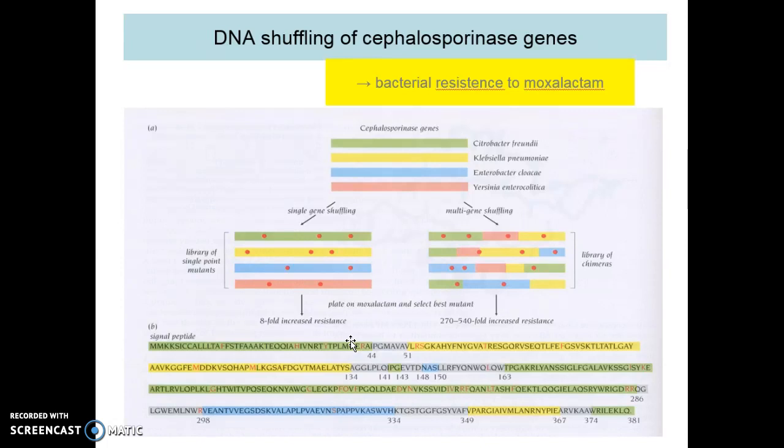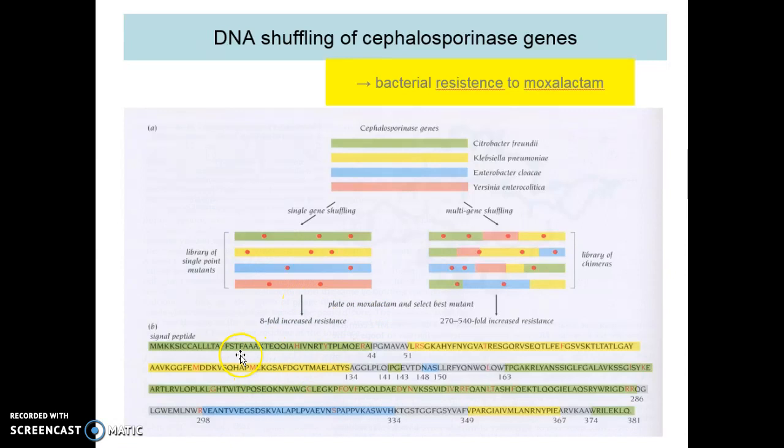By contrast, DNA shuffling of each individual gene yielded only point mutations. The most active of these mutants only increased resistance to the antibiotic 8-fold. Left side.